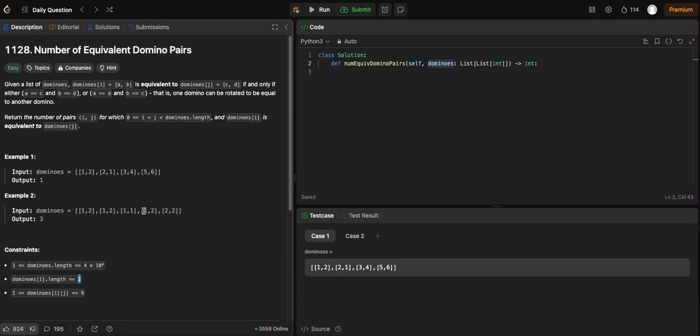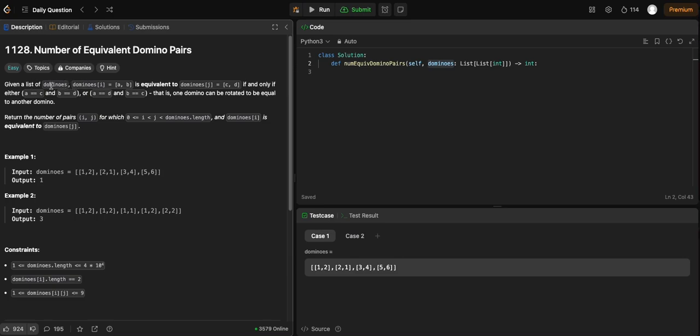So it's a bit like yesterday's question, in terms of how the dominoes look. And we also have the number of dominoes being bounded by 40k, which is kind of special for an easy question, because usually easy questions have really low bounds, so you can have a really slow algorithm and it will still work. But yeah, let's read the question and see what it wants.